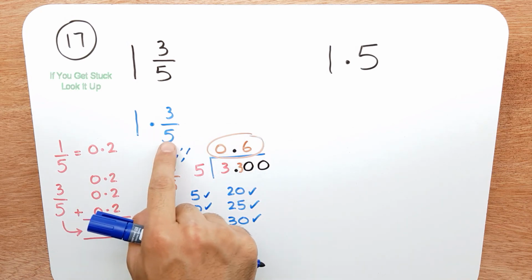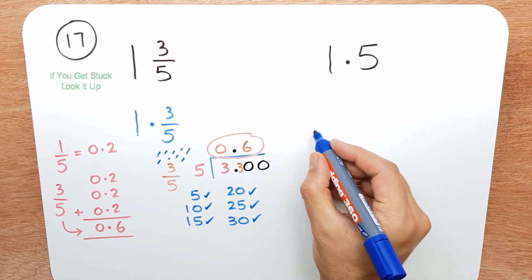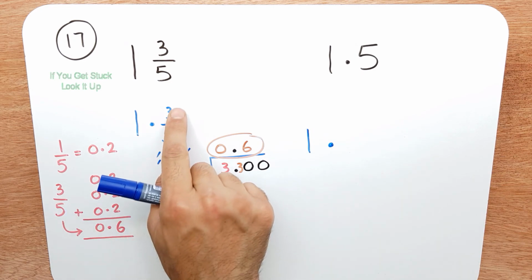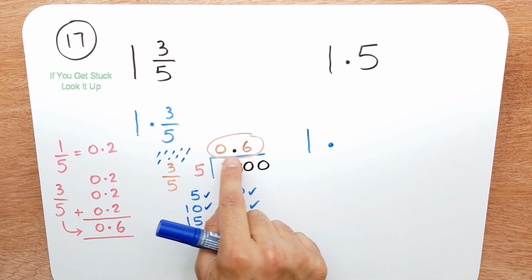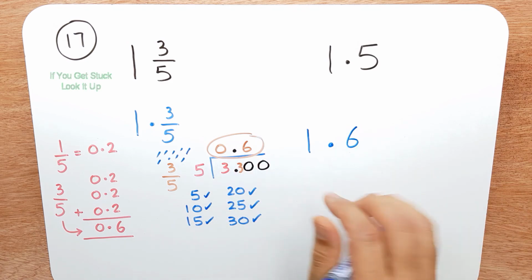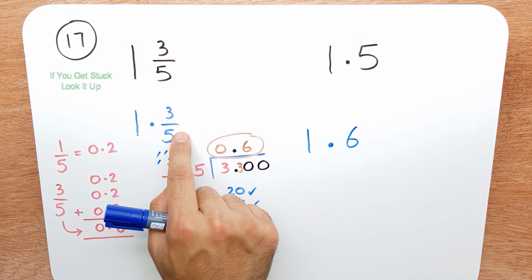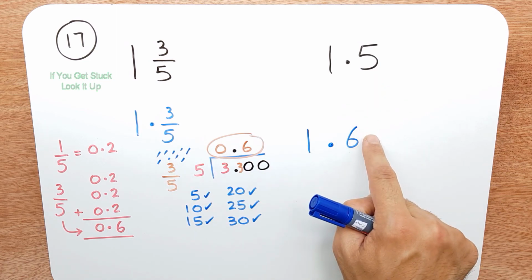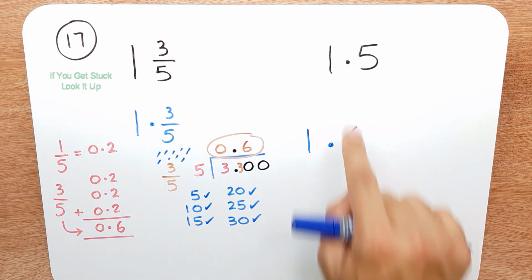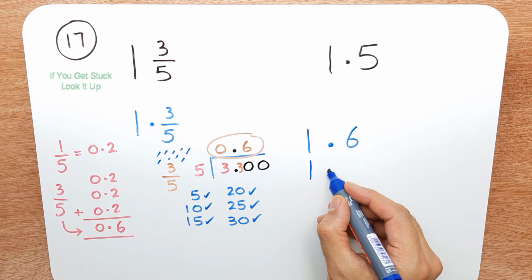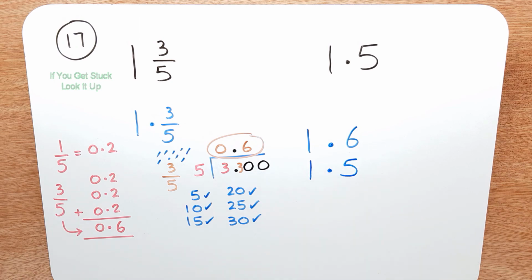Now this number I can write as 1 point, and we know 3/5 is 0.6. So from the decimal point I can put a 6 here. So I know that is 1.6. Now I can compare these two numbers. So what I'm going to do is write this number just below it, 1.5.